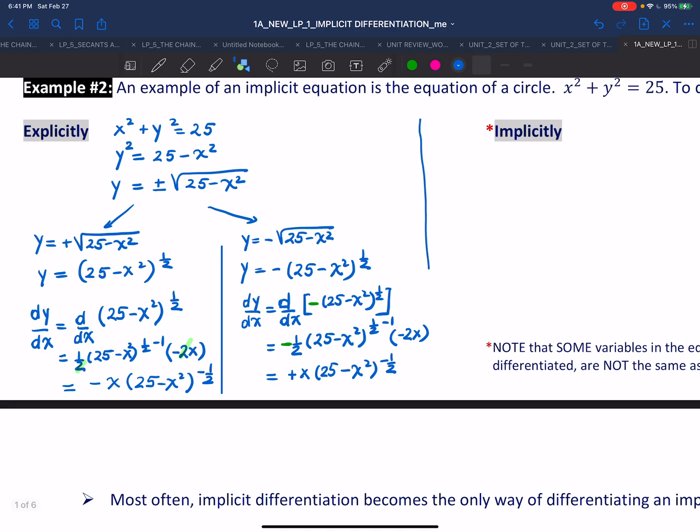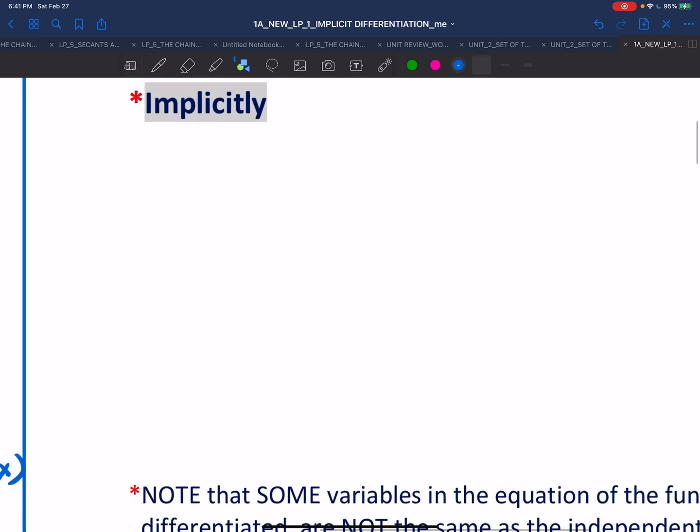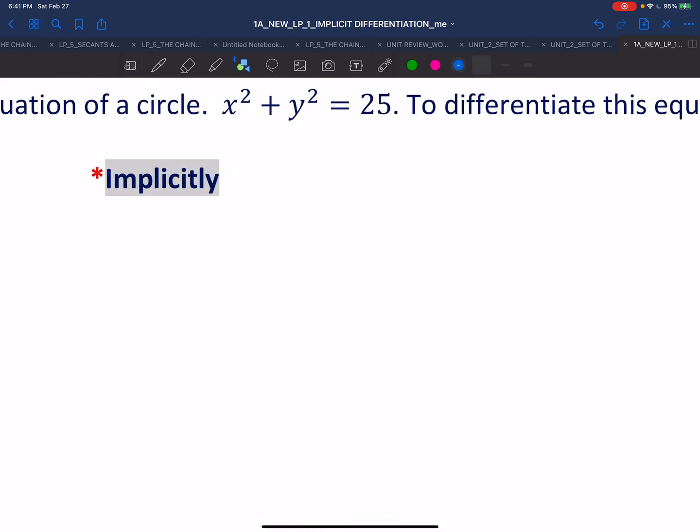So let's take a look then at how to differentiate the same function here by using implicit differentiation and see which one we prefer. So again, we are looking at the same equation, x squared plus y squared equals 25. This is how implicit differentiation is done.